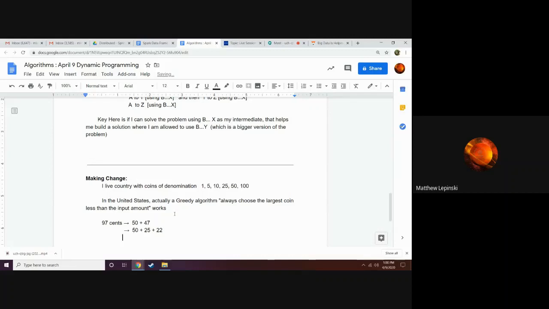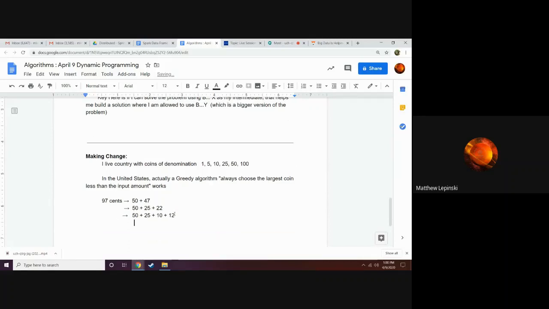So this is going to be 50 plus 25. For 22, a dime is the biggest coin I can use. So this is 50 plus 25 plus 10 plus 10 plus 2, which is, of course, 50 plus 25 plus 10 plus 10 plus 1 plus 1.